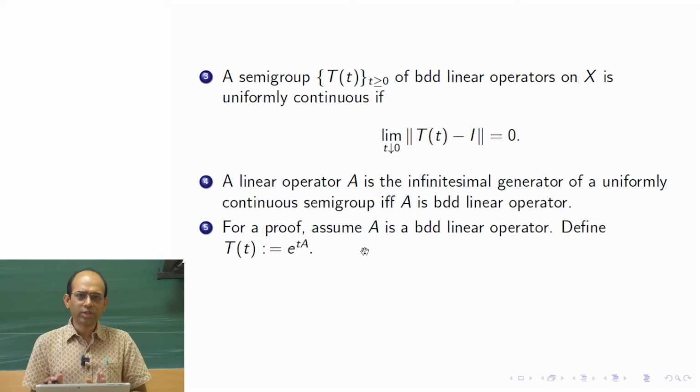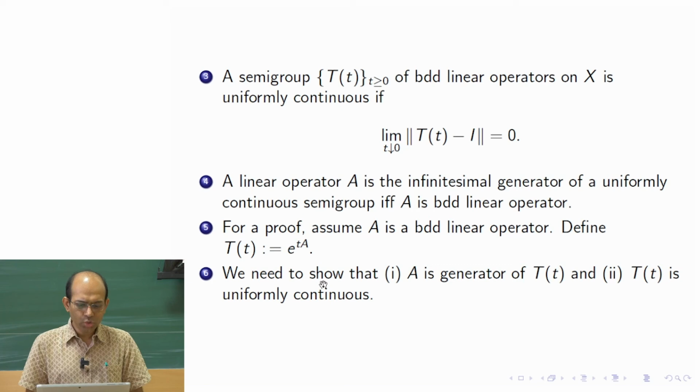So for the time being we just define this. This is a candidate semigroup for which A is actually the generator, but we need to show that first A is the generator of T(t), and second that T(t) is uniformly continuous. If we show these two things, then we are done with this reverse side.